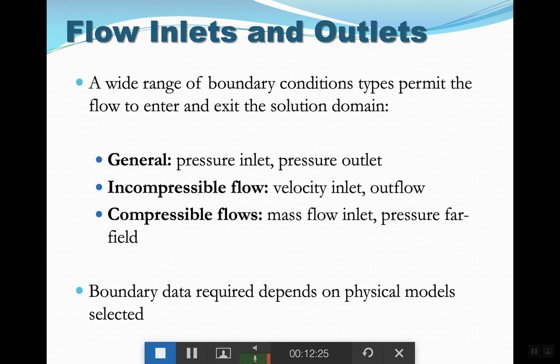So let's start with the important ones, the flow inlets and outlets. Basically, a wide range of boundary condition types lets the flow enter or exit your system. This is a very common boundary condition, because most often you have some sort of flow coming into the system or going out of the system.